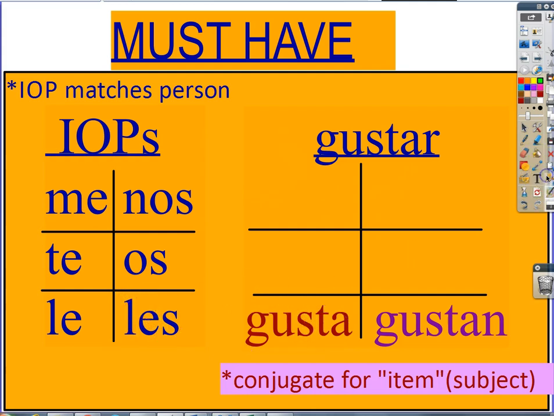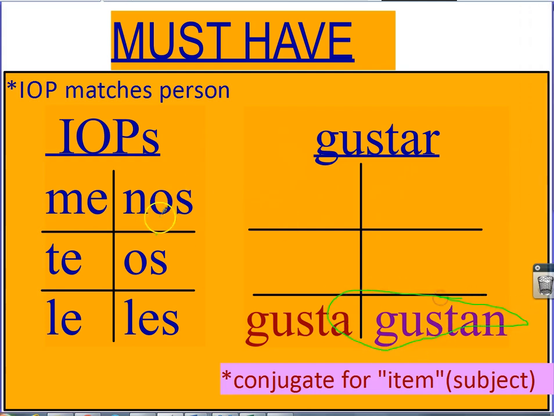What if I had a sentence with these two words? It's hard to circle with a mouse. This sentence says, if you just have te gustan, ask yourself what the subject is. It would be they, or you guys, but usually you're talking about things with these types of verbs.